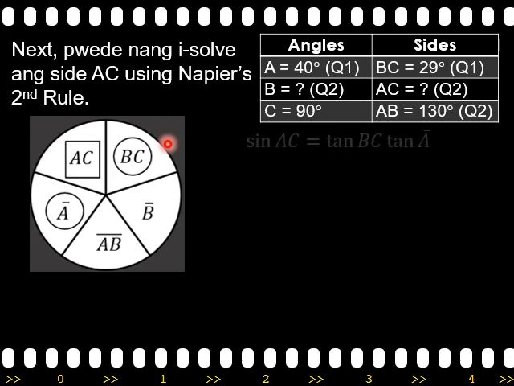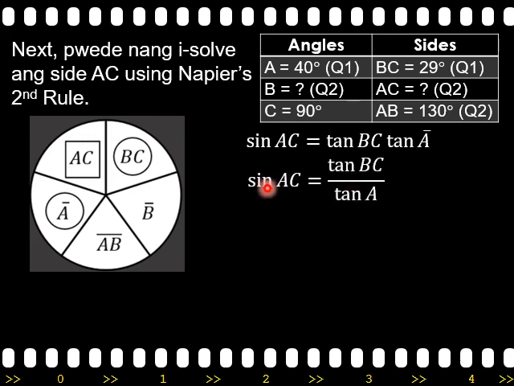Ito yung magiging equation. So sine AC equals tangent BC times tangent A bar. So again, ang goal natin tanggalin si bar. So anong pwede natin gawing shortcut? Since ito ay may bar at tangent to, pwede nating ilagay na ito agad directly sa baba ng tangent BC.